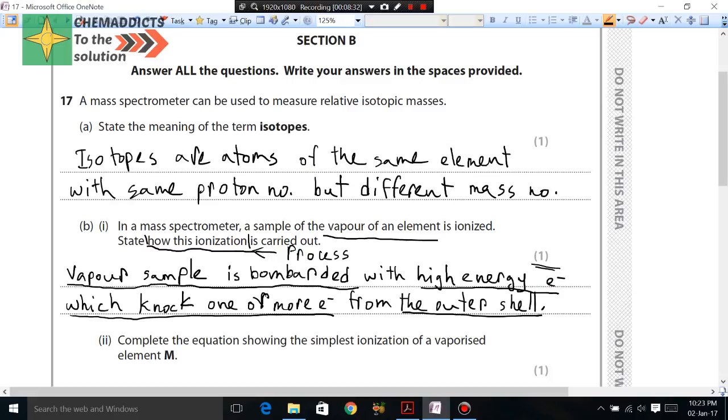We should not write only about ionizing or forming positive ions, or just an equation. I repeat, we won't get any marks just mentioning these things.